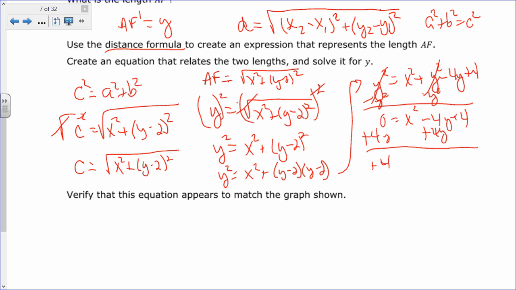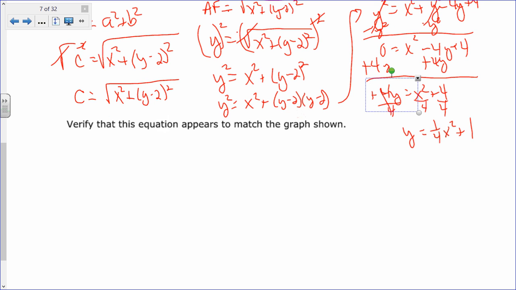So plus 4y equals x squared plus 4. To get y alone, divide everything by 4. So I will have y equals 1/4 x squared plus 1. So this is the equation that I have found using my focus and my directrix for my parabola. And we need to verify that this equation appears to match the graph shown.